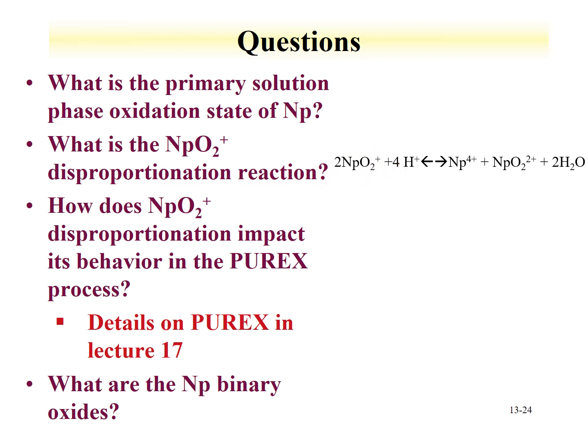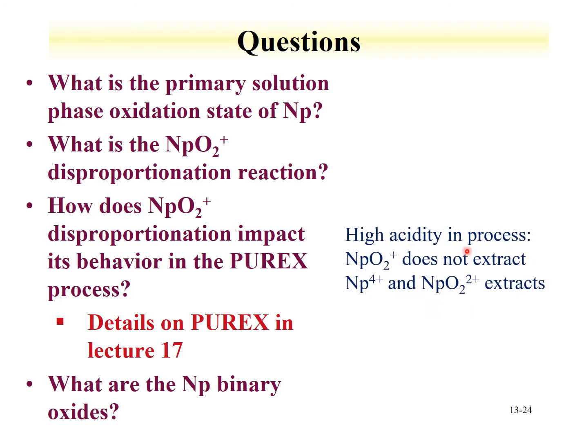However, the process is acidic, so you can get disproportionation of neptunium to the 4 and to the 6 oxidation state, and both these extract. So in this high acidity process, Neptunium-5 does not extract, while Neptunium-4 and 6, like plutonium-4 and uranium-6, extract in the Purex process. So if neptunium undergoes disproportionation, it can actually go in both the aqueous and the organic phase of the process.